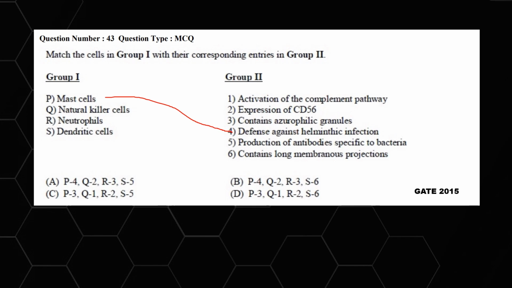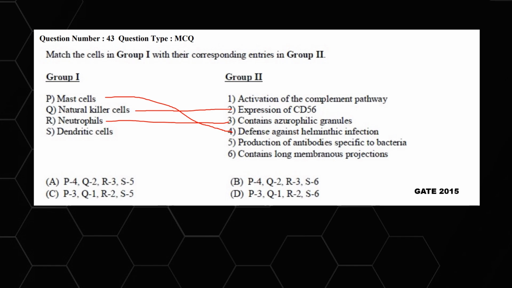As I said, they are cytotoxic cells, and in exosomes they lead to expression of CD56. They are linked with the expression of CD56. Then we have neutrophils. Neutrophils are cells that are phagocytic in nature. They also lead to degranulation and they contain eosinophilic granules, which ultimately lead to apoptosis or death of the cells.